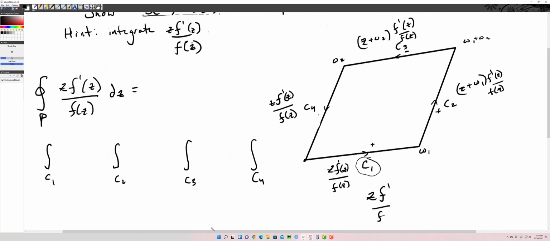So here's how I'm going to write this. For C1, I'm essentially integrating this. Now for C3, I'm essentially doing the negative of C1, the opposite of C1, but I'm integrating z plus omega 2 f prime over f.